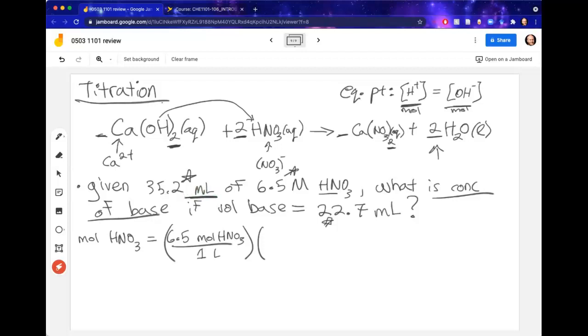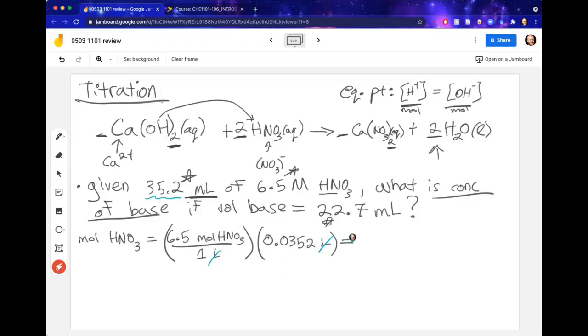The volume of acid is given in milliliters, but we have to convert that over into liters by dividing by 1,000. So in this case, we're going to be multiplying by 0.0352. We've converted milliliters into liters.